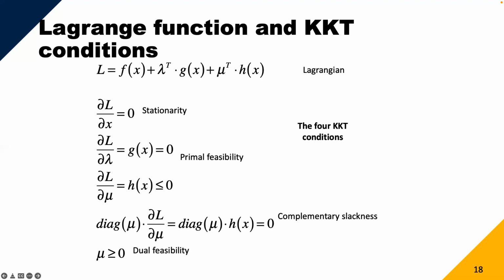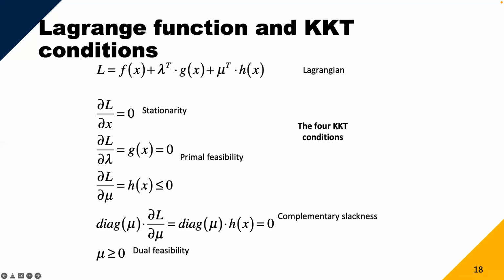So for your equality constraints, you have lambda times your equality constraint plus, I'm totally blanking, what is this symbol? Mu. Yeah, I think that's right. So mu times your inequality constraints, and we'll show how this works.